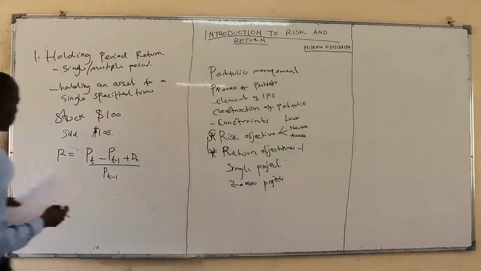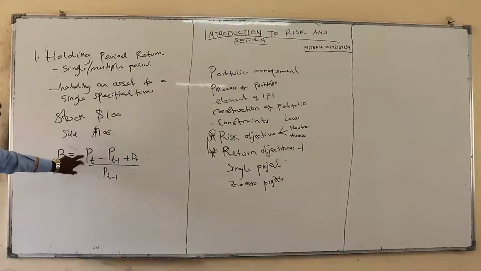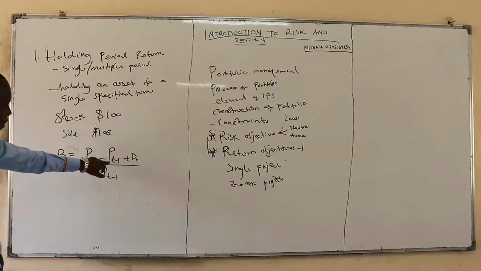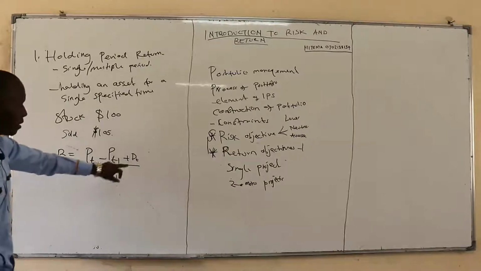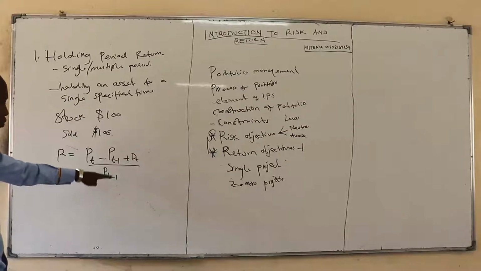This is the formula where P1 is the price at which you are going to sell the stock, D is the dividends if any, and P0 is the price at which you bought the stock.